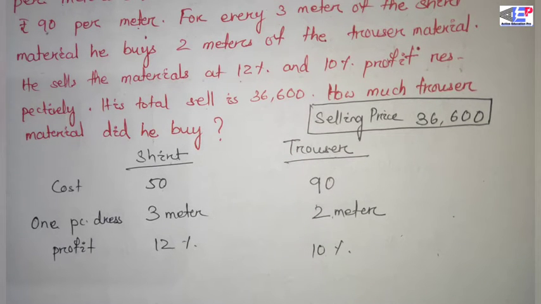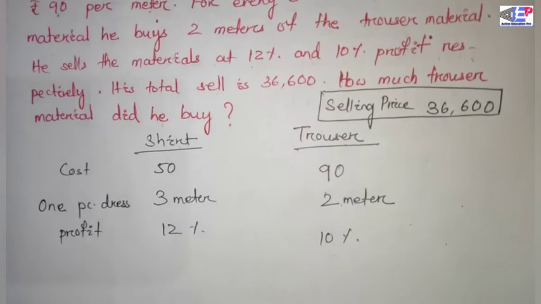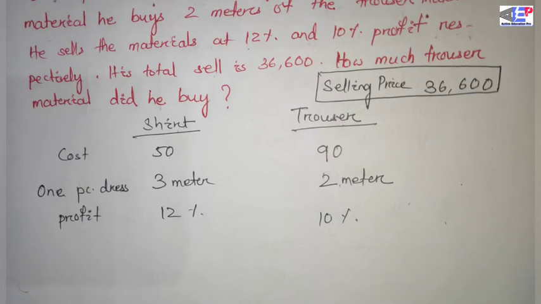So in this question, first we have to calculate the total expenditure for one pair of school uniform, and the total selling price of one pair of school uniform.